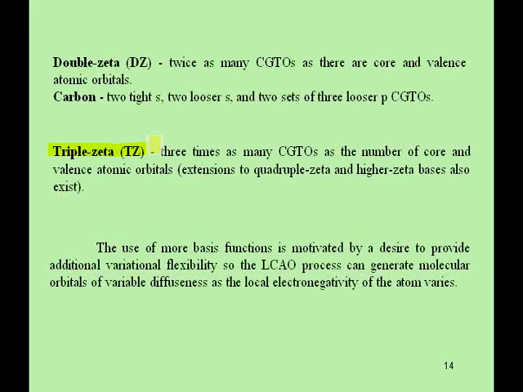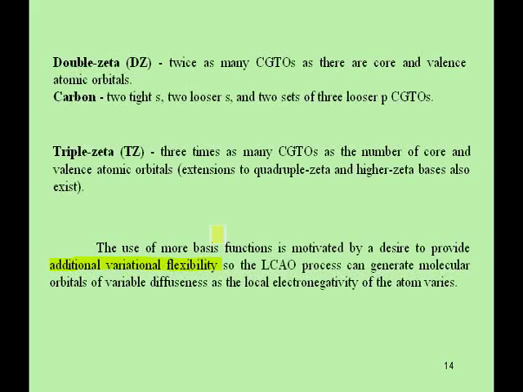Now, the motive, you say, why are we doing this, adding more and more functions? Because we know it's going to cost us more and more computer time. But the desire is to provide more radial flexibility, and in a sense, more flexibility in the variational process.